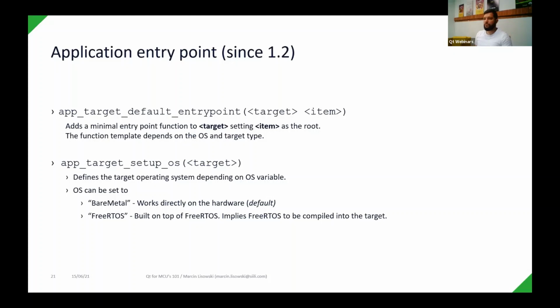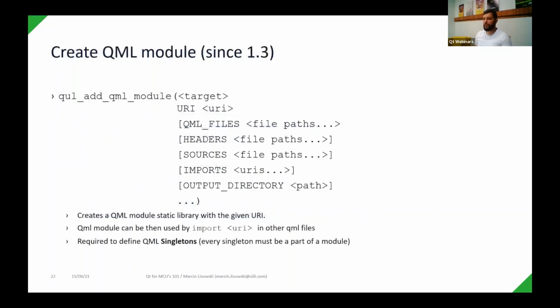This is to add the system-specific things. And the new way of doing the QML modules is to use add QML module, which will compile your QML files to a separate static library. Let's go through the arguments.